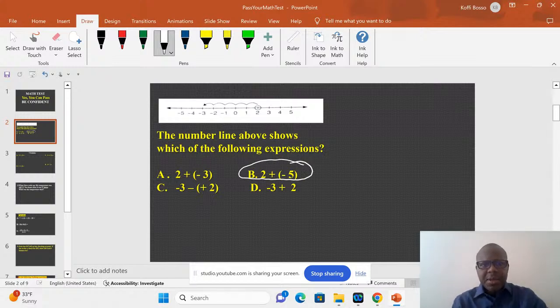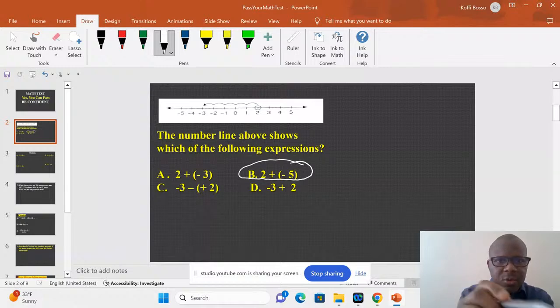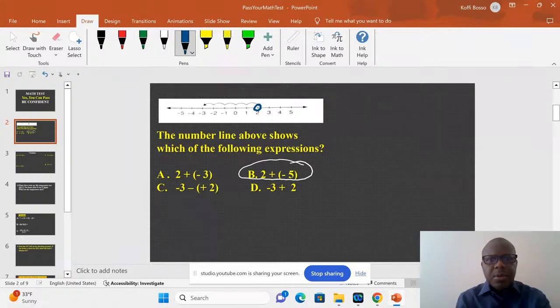Why? Let's explain it. So if you see the number line at the 2, they start. How do you know that it starts at 2? Because we see an arrow pointing at -3. So that's the end. They start at 2 and they end at -3.